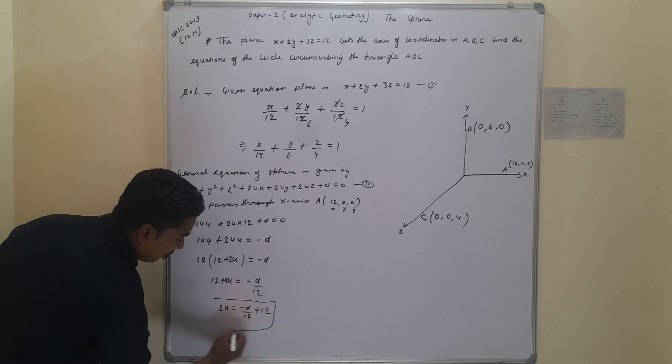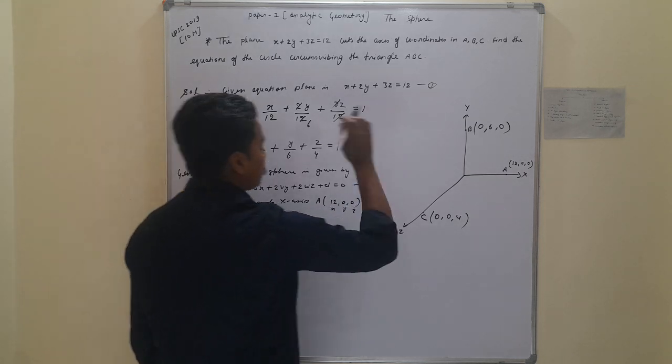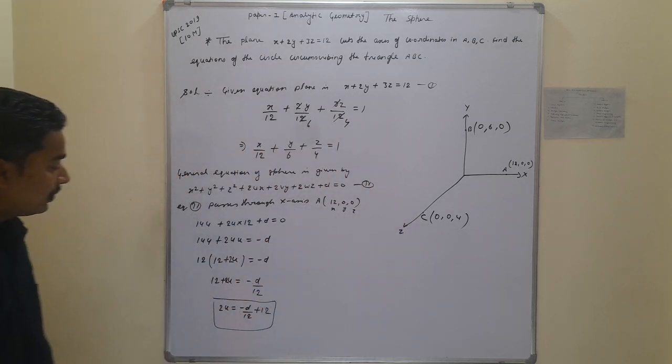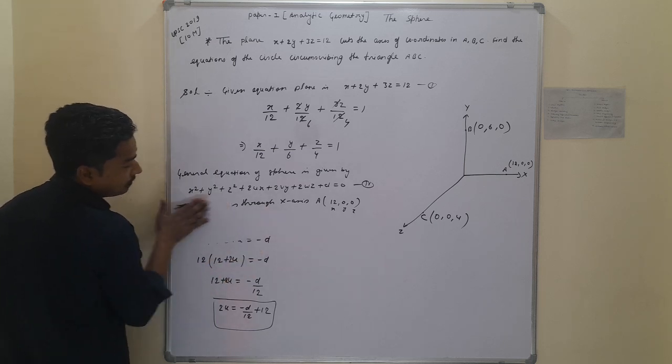This is the value of 2u. Similarly, equation 2 passes through the y axis and z axis, and we get the values of 2v and 2w.